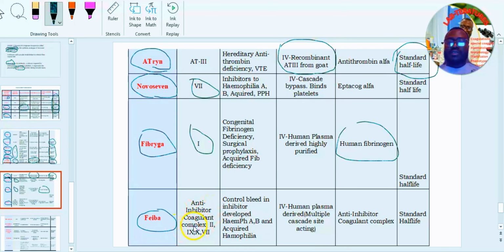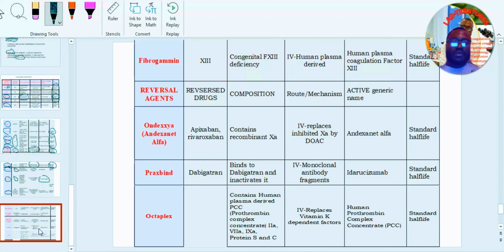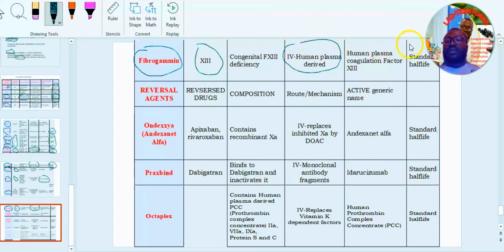So this is especially for inhibitors, and there are a few more. For instance, Fibrogammin looks as if it is fibrinogen replacement, but it is for factor 13. So apart from Fibryga, FEIBA is for inhibitor-developed hemophilias, and Fibrogammin is for factor 13 replacement, and it is human plasma derived. So it's not recombinant, and it is standard half-life, not extended.